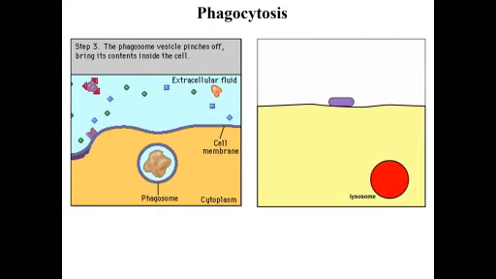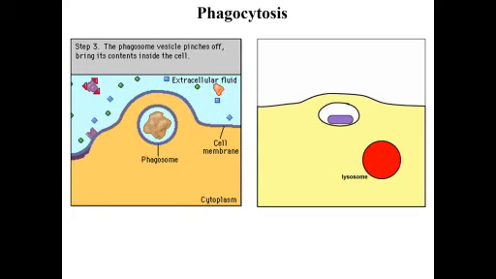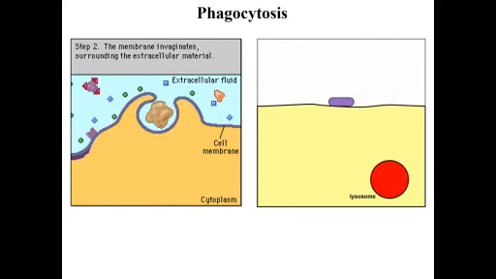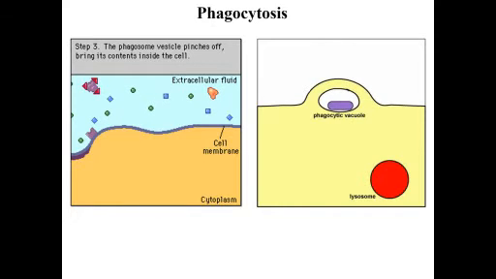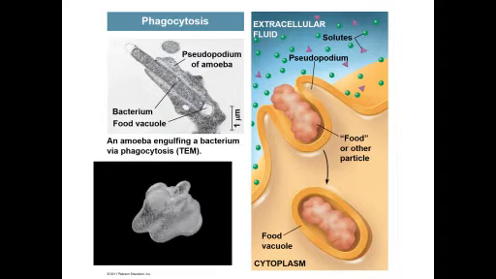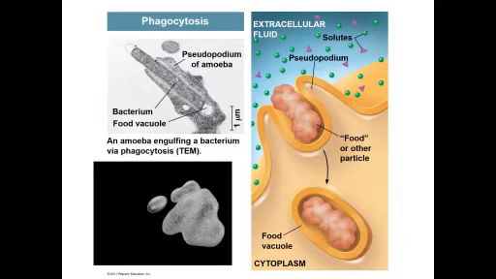That vacuole, once it enters the cell, will then fuse with the lysosome, forming a phagolysosome, where the contents will be digested and released into the cytosol. Here you're being shown an image of a white blood cell that is engulfing a bacterium.